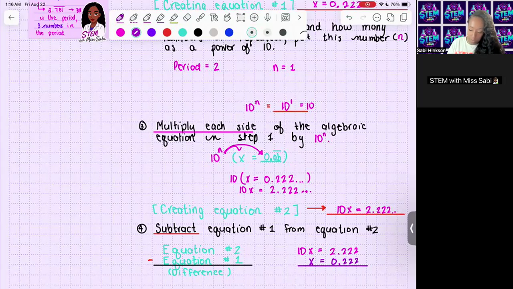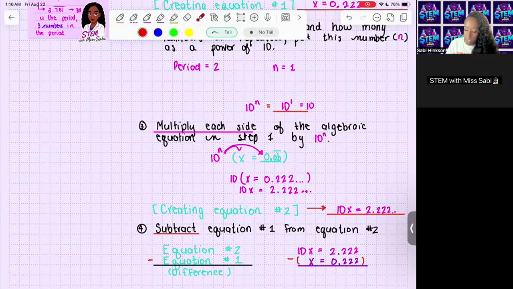And when we say subtract, this is like in brackets, so everything in there gets subtracted. So remember, when you have a negative sign outside some brackets, everything inside changes signs, right? So this becomes negative x, this becomes negative 0.2222, repeating.